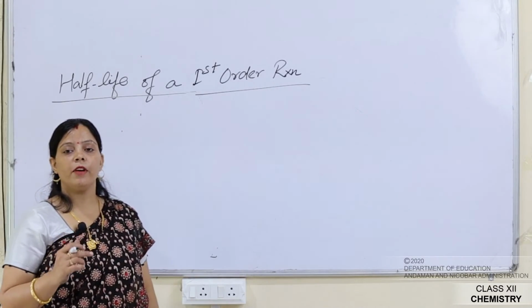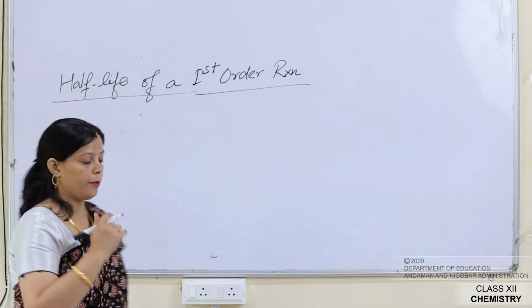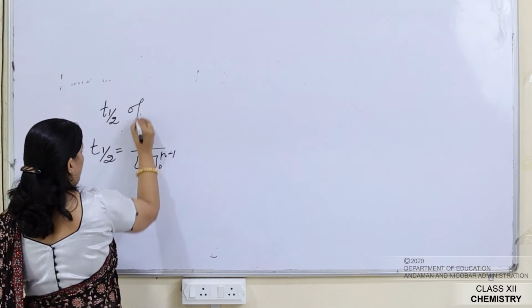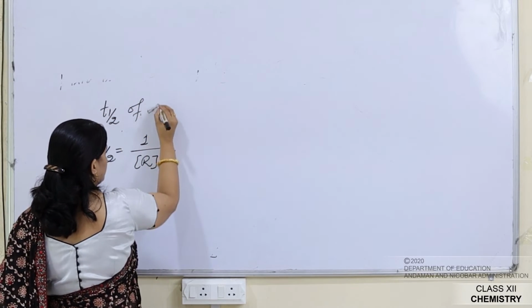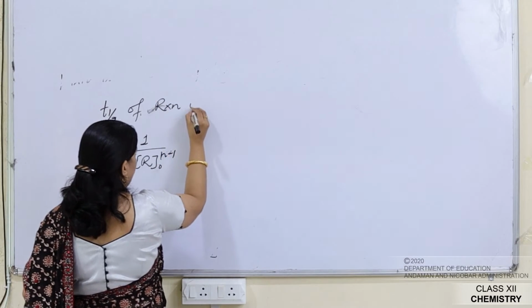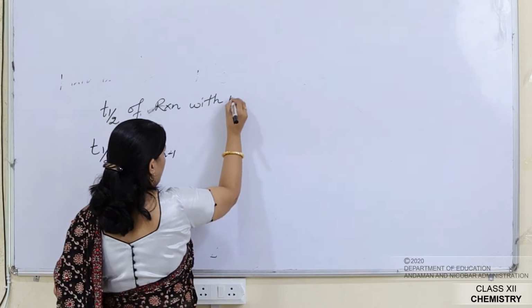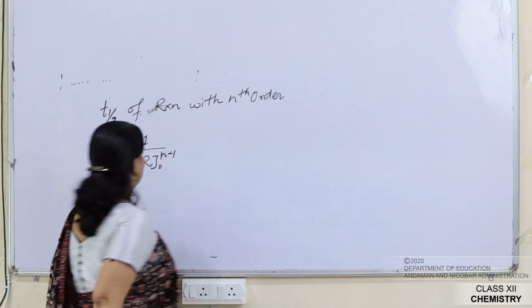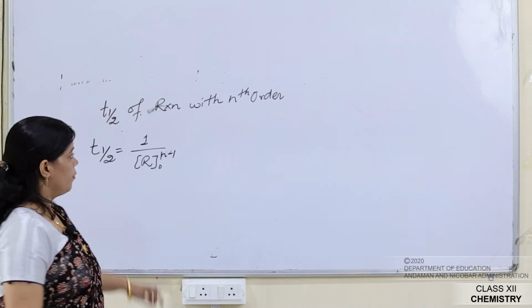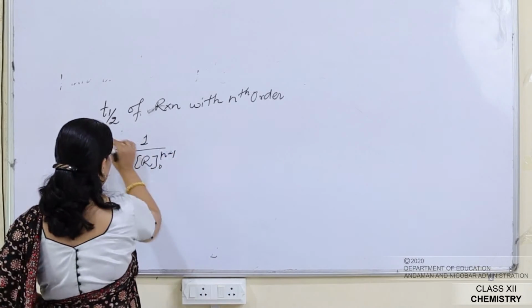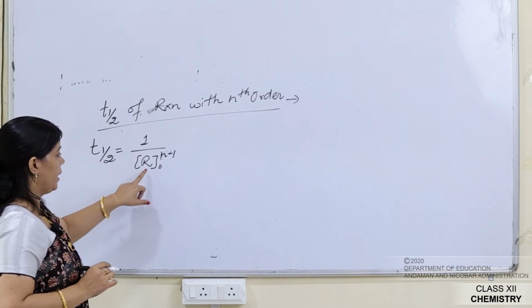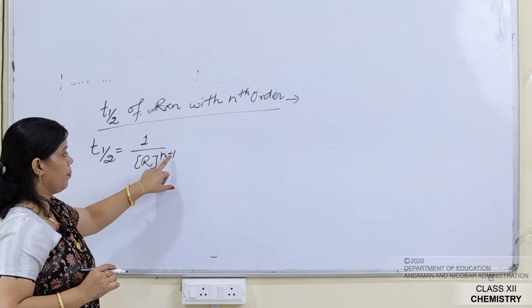Hence, the half-life of a reaction with nth order can be calculated as follows. We can calculate the half-life period for a reaction with nth order by using this expression: T half is proportional to 1 by initial concentration power n minus 1.